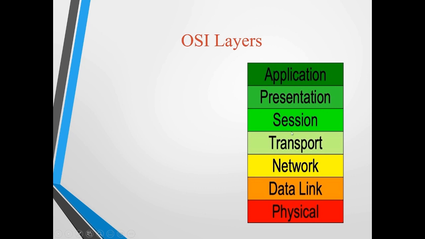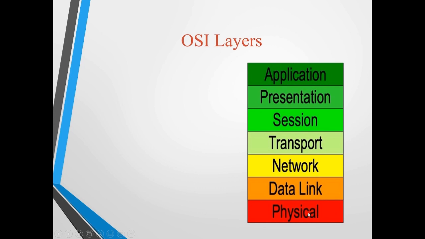All these layers are known as OSI layers. Our connection is first established on the physical layer, so this is known as the first layer. Then, one by one, we have 7 layers in total.